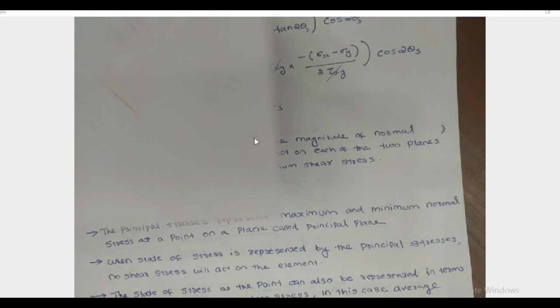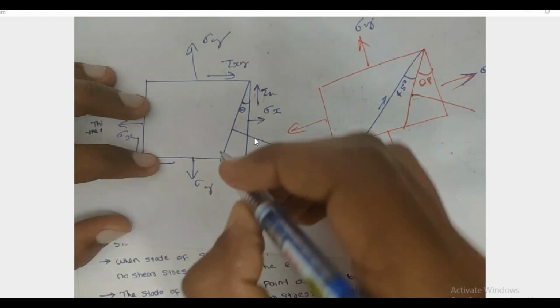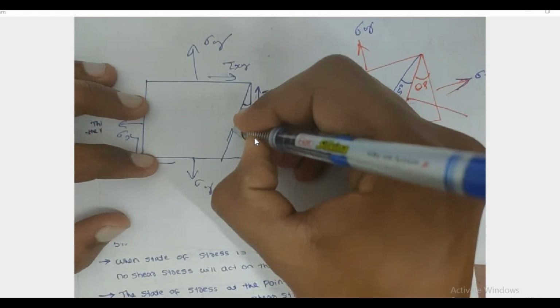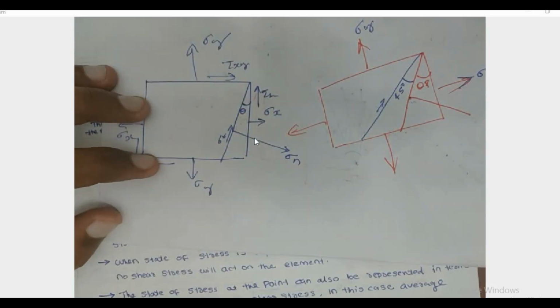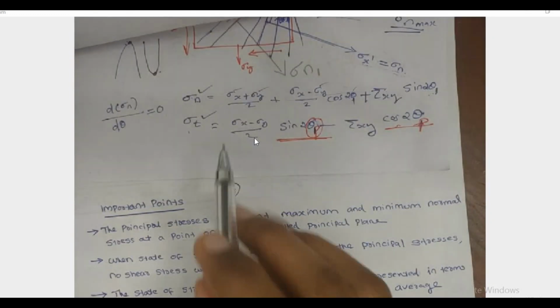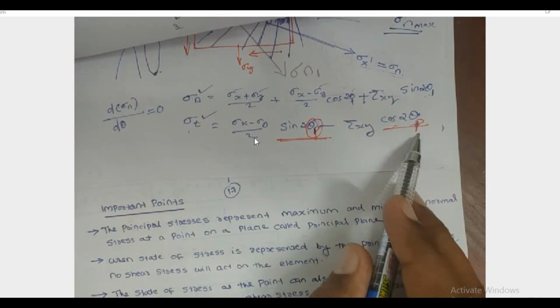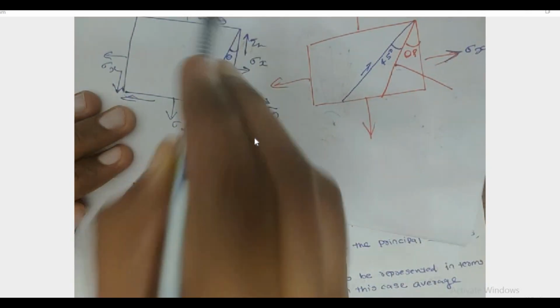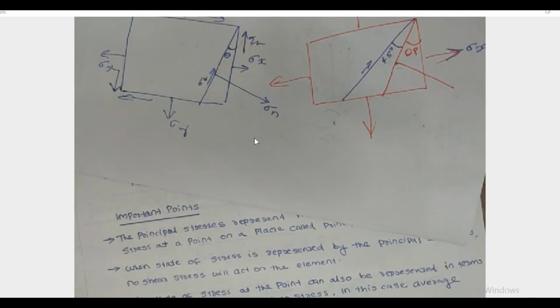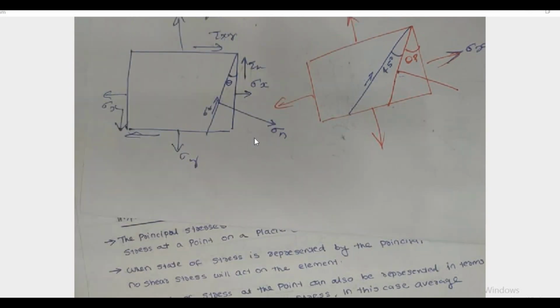The next one, the shear stress on this plane, that is sigma t, for that we have the next formula. The input values required in these two formulas are sigma x, sigma y, tau xy, and this theta value.